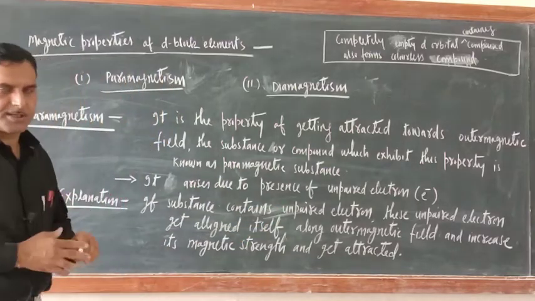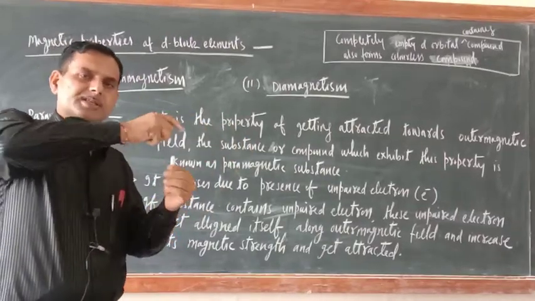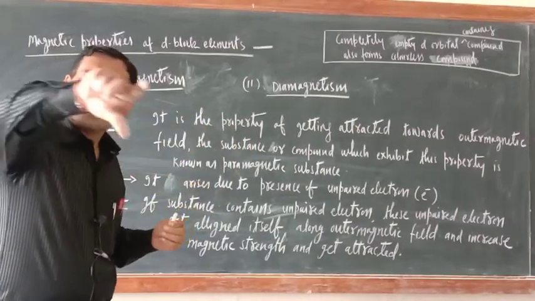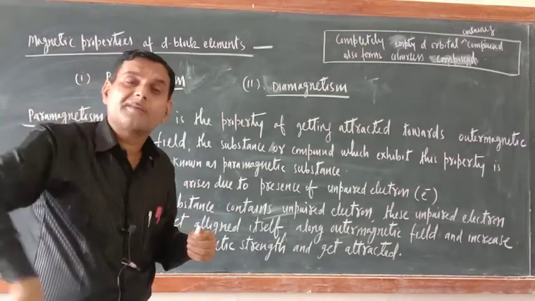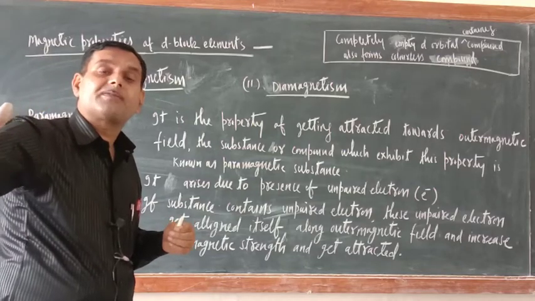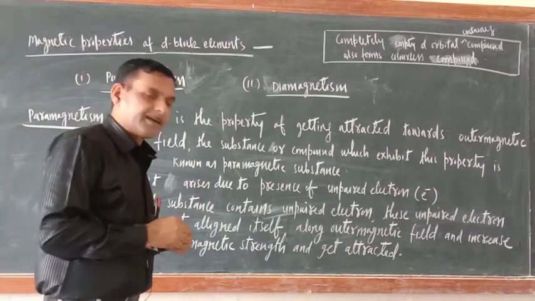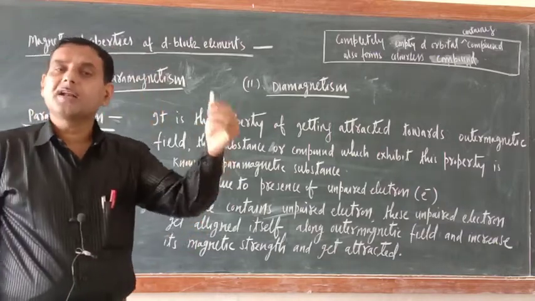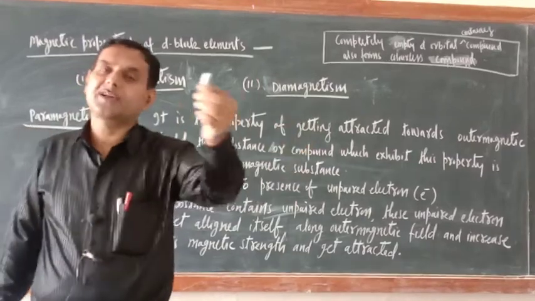Understood or not? Just see, if this substance has unpaired electrons, these unpaired electrons will align themselves along the outer magnetic field and increase the strength of the outer magnetic field, hence it will be attracted. First, the electron will align itself according to the outer magnetic field.